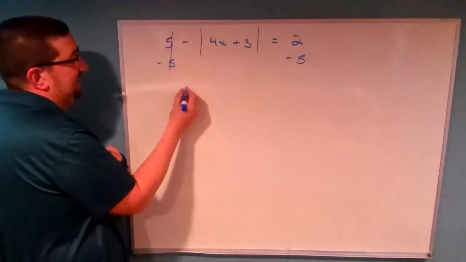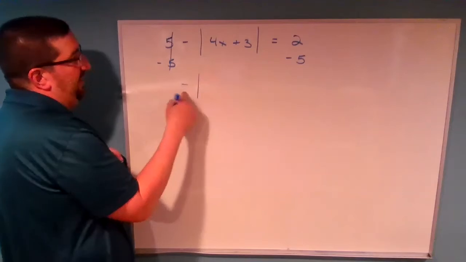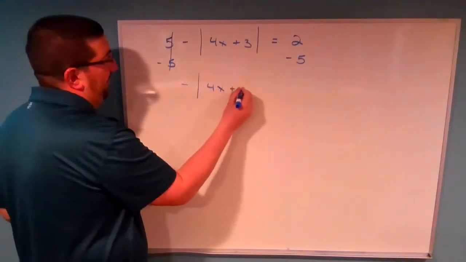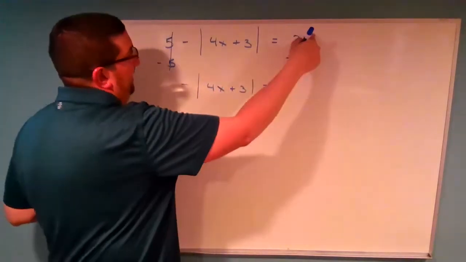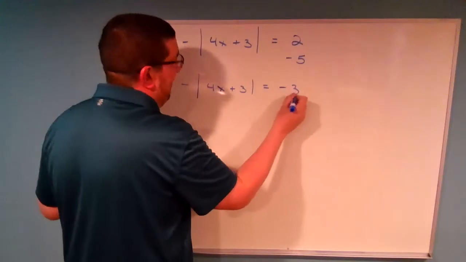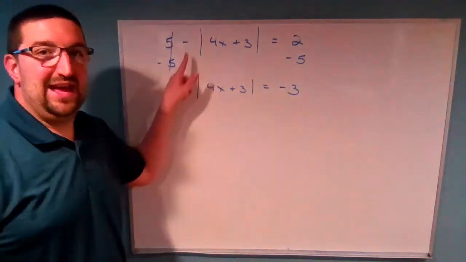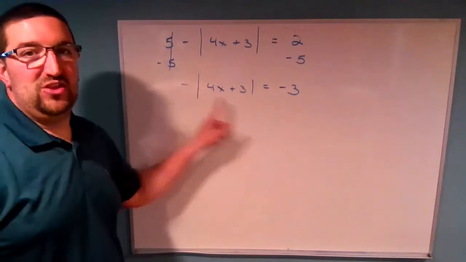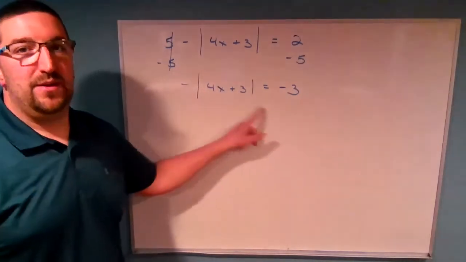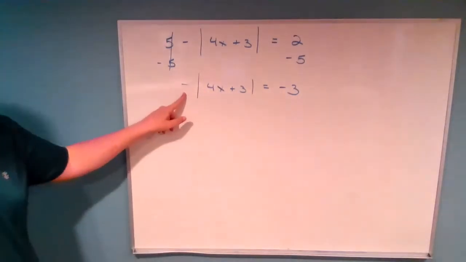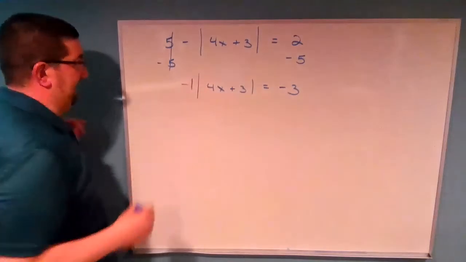If these cancel, we're still left with that negative out in front of our absolute value bar. And we have 2 minus 5 is negative 3. At this step, if you forgot to bring down this negative, right, you would say no solution. But what's really in front of this absolute value bar is a negative 1.